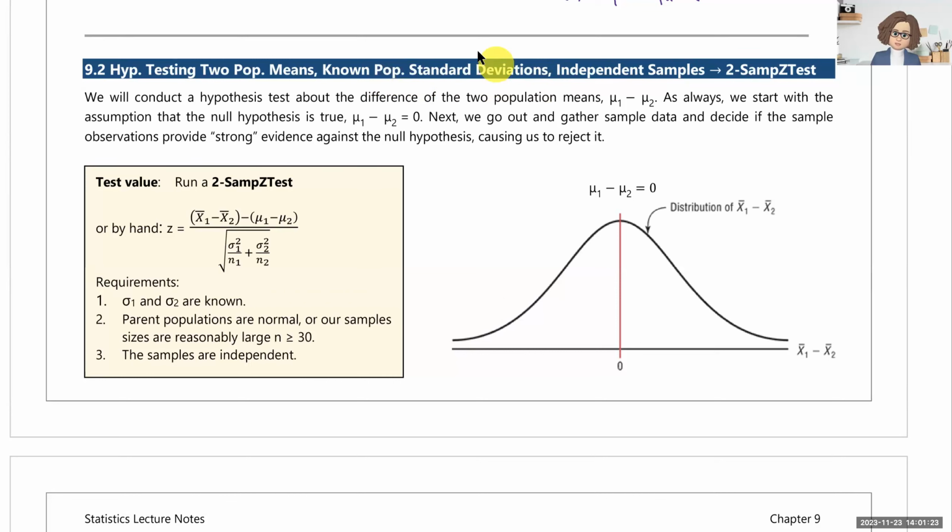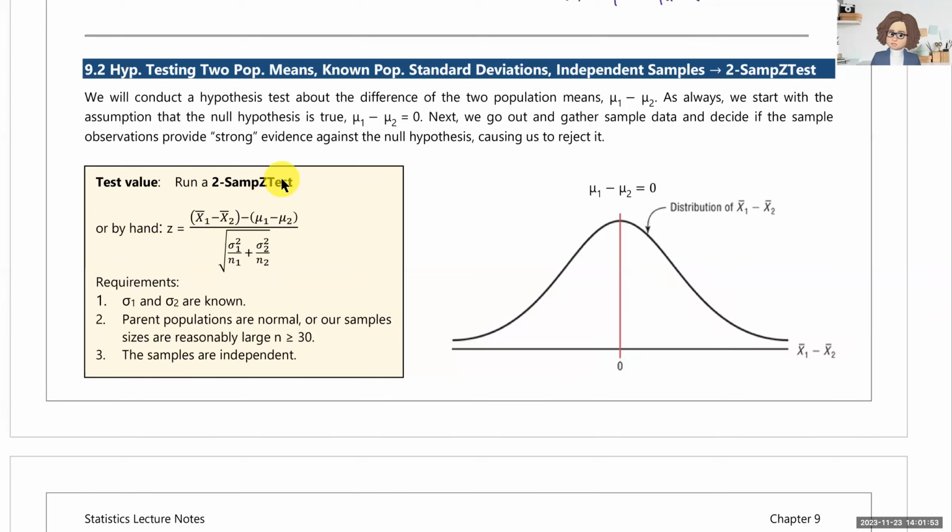If we know the population standard deviation of our 2 populations, then we'll be able to apply the 2 sample z-test on our graphing calculators to find the test value or test statistic. So I did include a by hand calculation here, which isn't necessarily hard. It's just a little bit tedious. So we'll be able to get our test value on our calculators a little more efficiently.